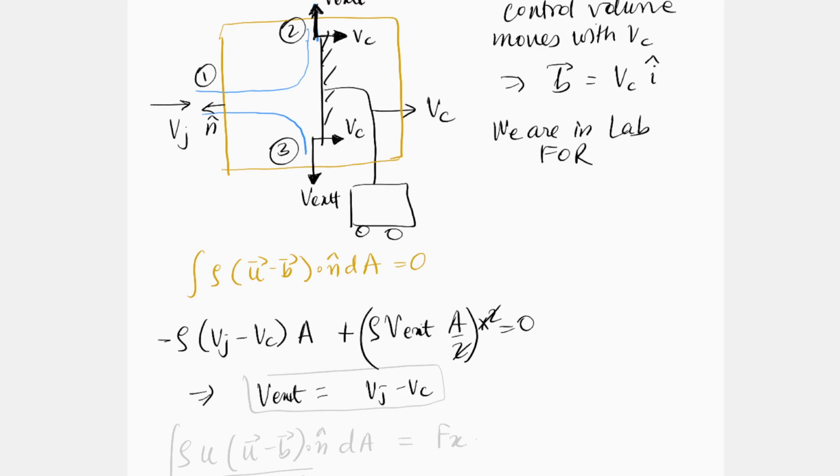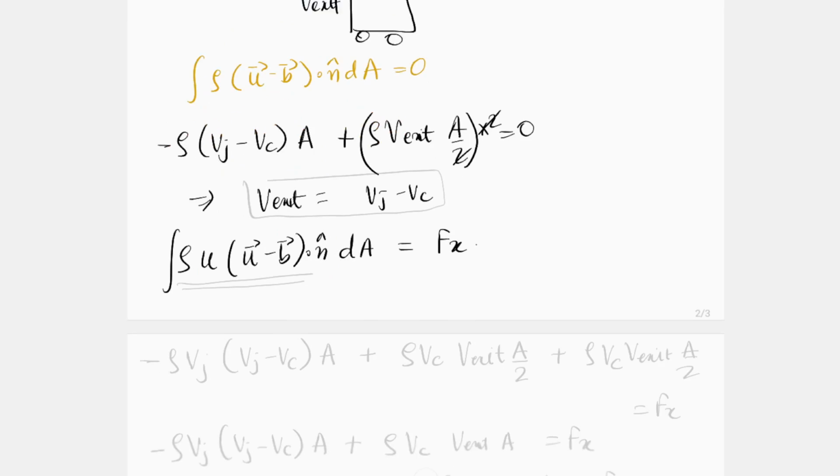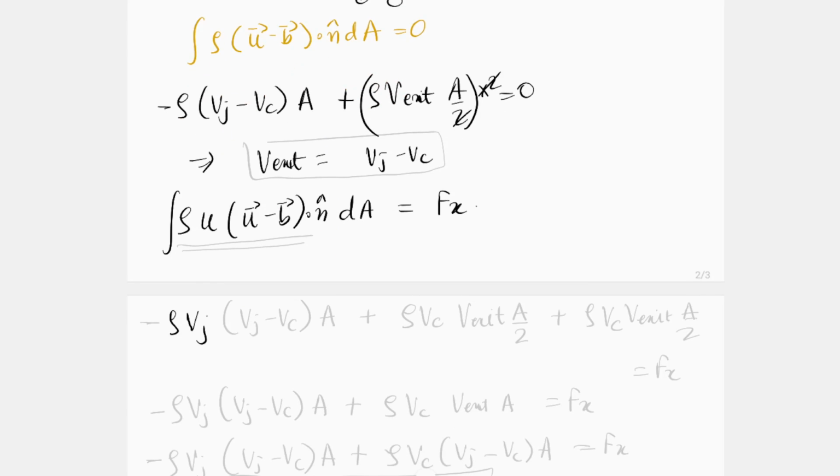Now, let us apply the conservation of momentum, which will be simply rho u. I'm just writing down the x momentum equation. U minus b dot n dA is equal to fx. So at surface 1 we will have rho (Vj minus Vc) times A with a negative sign because the normal vector at the surface points in the opposite direction of the velocity coming in.